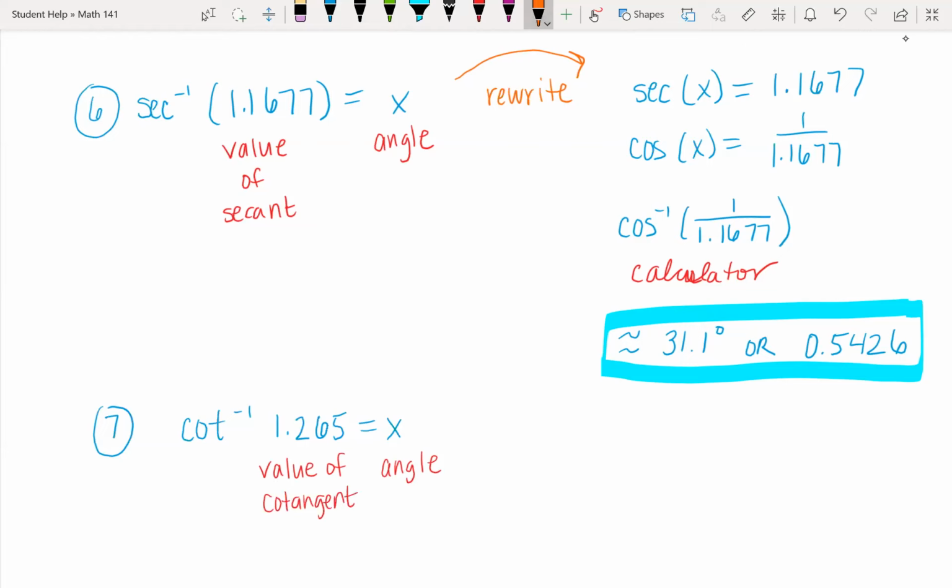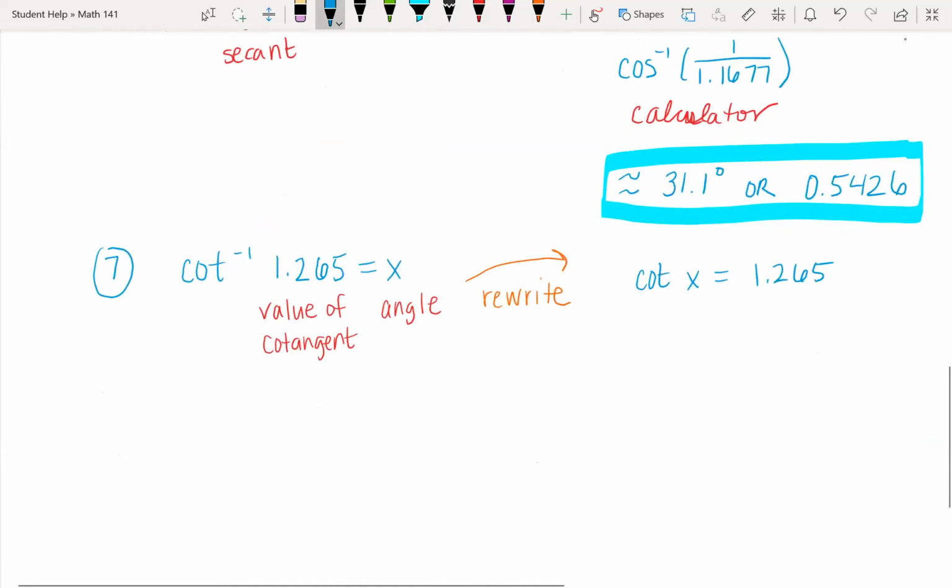So if we rewrite this into a different format, we have that the cotangent of some angle x is equal to 1.265. That means that the tangent of that angle is 1 over that value.